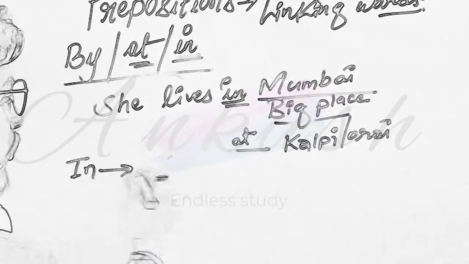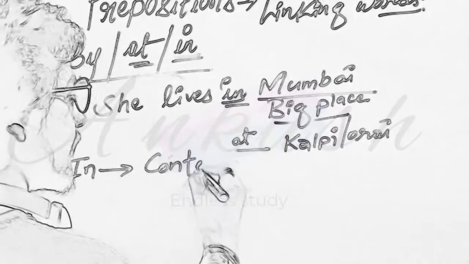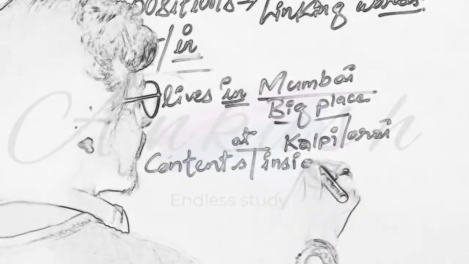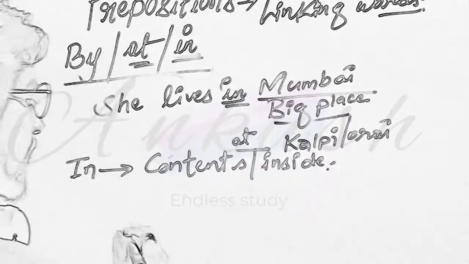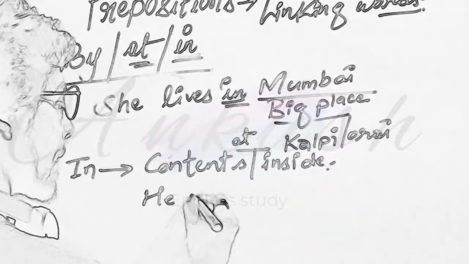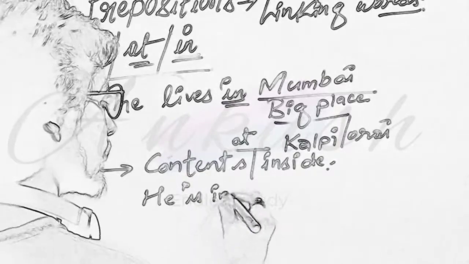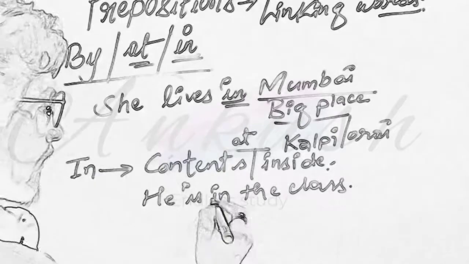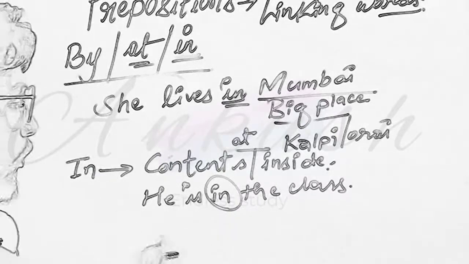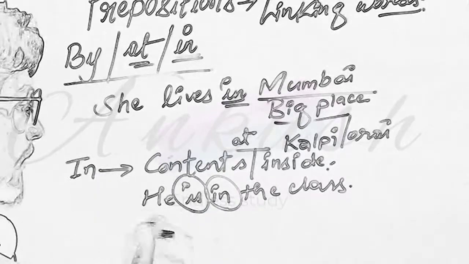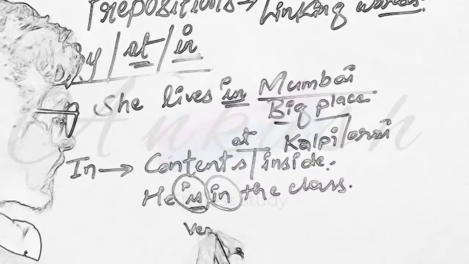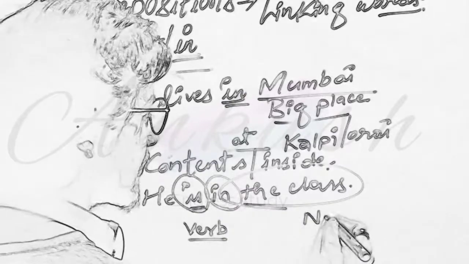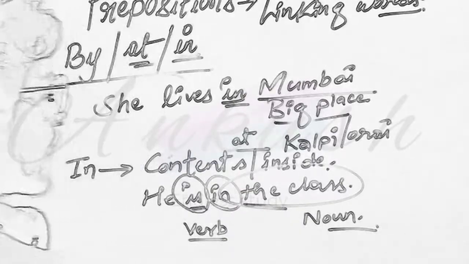In is used to show the contents, what is inside it. As for example, we took he is in the class. Notice that only one verb is coming, and it is getting linked to the class, and class is a noun.